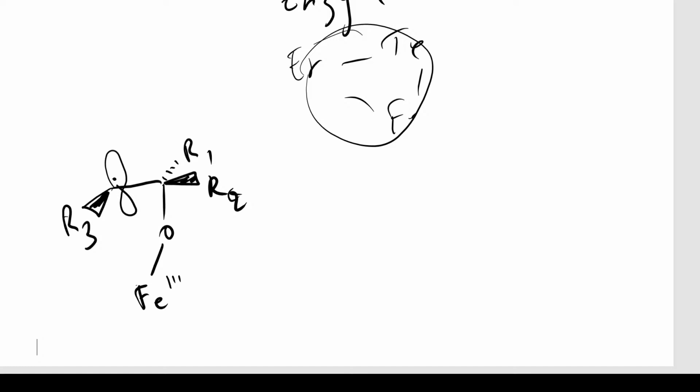Then it can give electron. Here you break it and you take it back, and you get your epoxide like this.